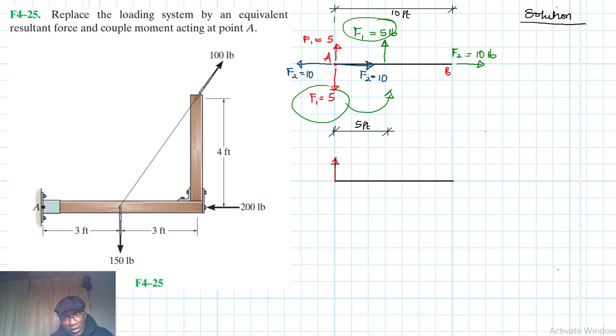One has been converted with the other one into a couple moment. So we have 5 pounds, and then a couple moment which is 5 by 5, which is 25, and it's anti-clockwise, which is our convention for positive, like so. And this is 25 pounds-feet.